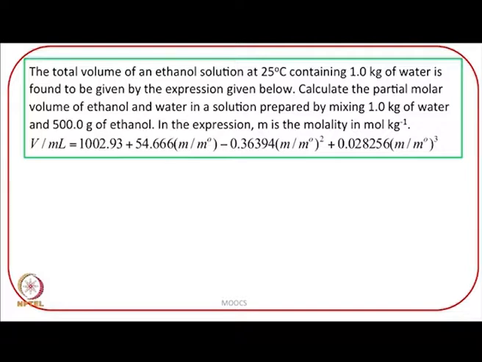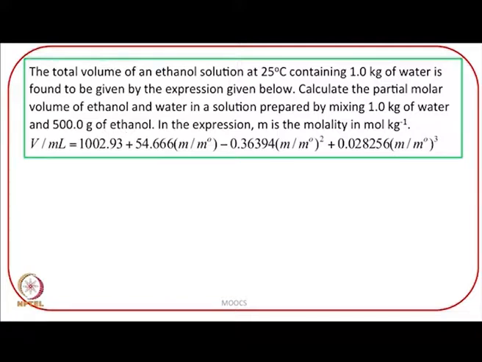Let us see what information is given to us. The information given to us is that the volume of ethanol solution contains 1 kilogram of water, and what you are doing is mixing 1 kilogram of water and 500 gram of ethanol.